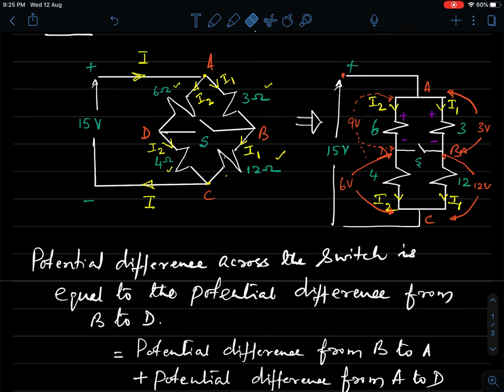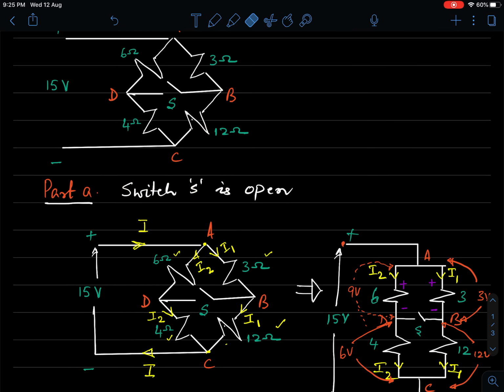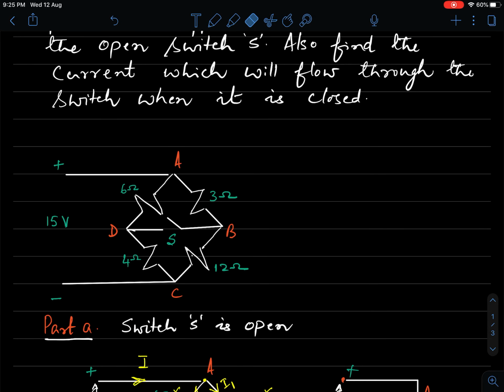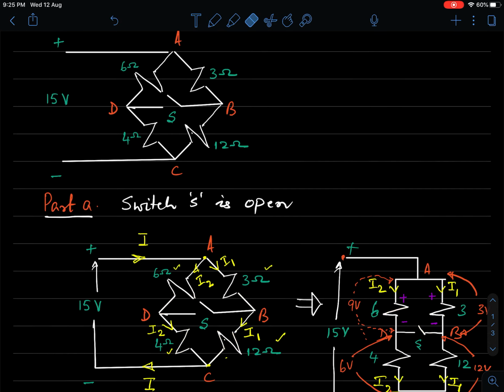Now, the first part is over. Let's go ahead with the second part. What is the second part? Also find the current which will flow through the switch when it is closed.